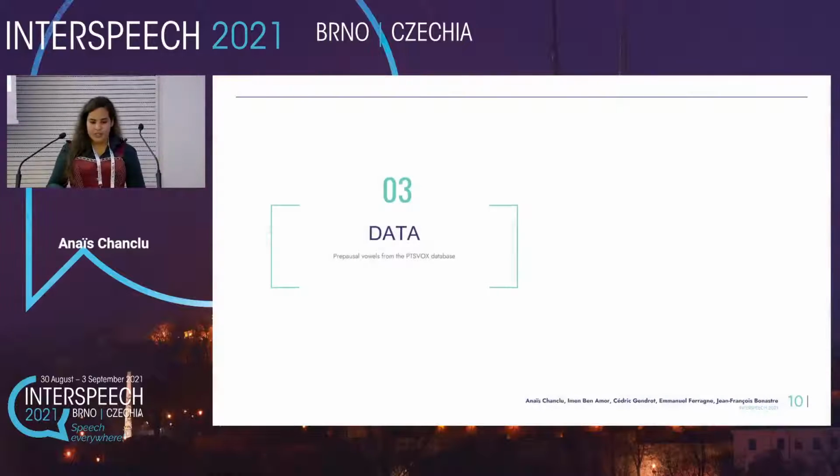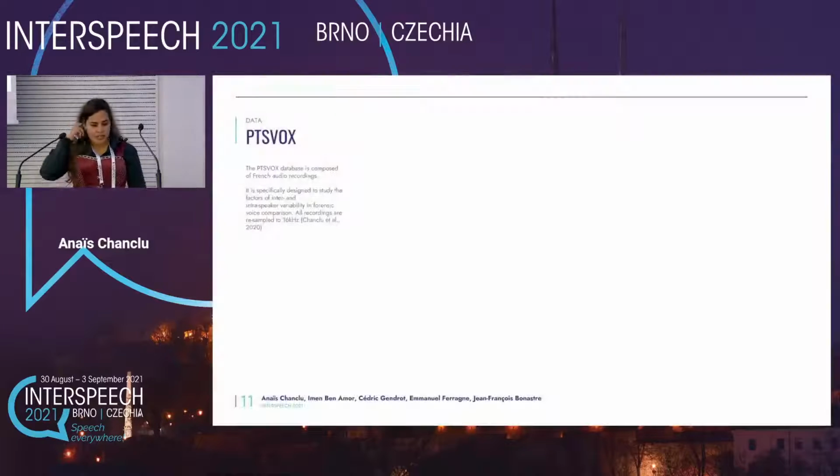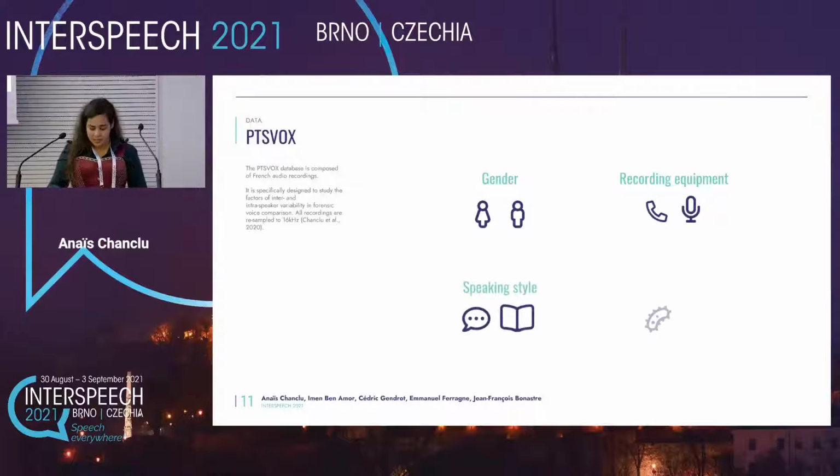Now I would like to present the data. The data comes from the PTSVOX corpus, which is a database containing audio recordings in French. It is specifically designed to study the factors of intra-speaker variability in forensic voice comparison. These factors are the gender, the recording equipment, the speaking style, and other information such as the speaker's health state or their smoking habits.